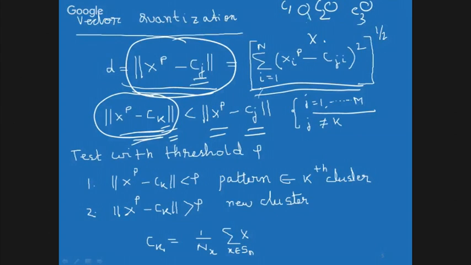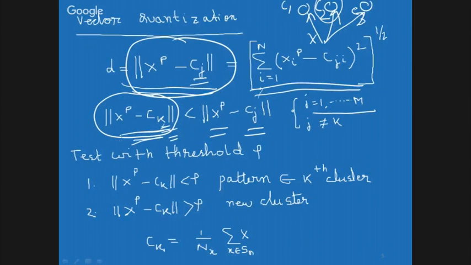Now we have to find out the Euclidean distance of x and c1, of x and c2, and similarly of x and c3. For example, x and c2 give the minimum Euclidean distance. So k is equal to 2.